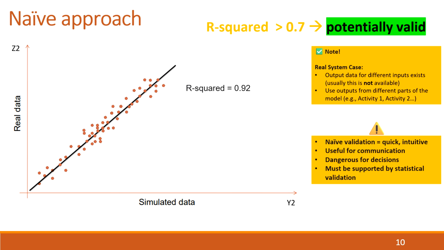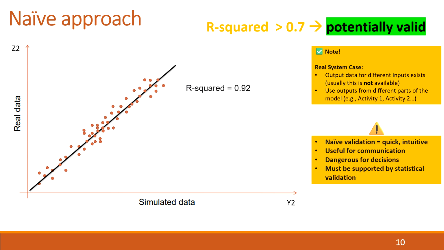The first approach which we are going to discuss is the naive approach for model validation. In general, we are talking about calculating the R-squared measure, but at the same time, we are also talking about creating a scatter plot for the data.